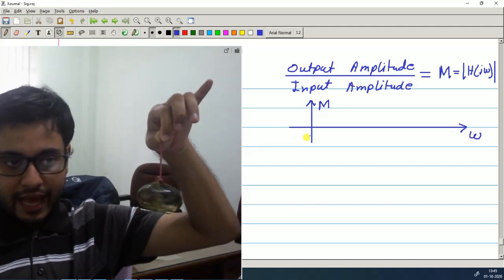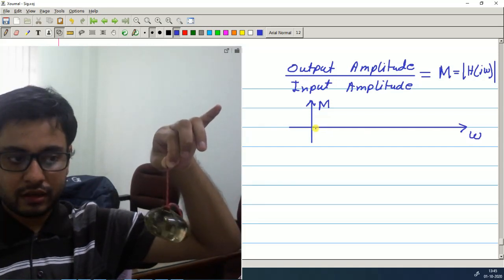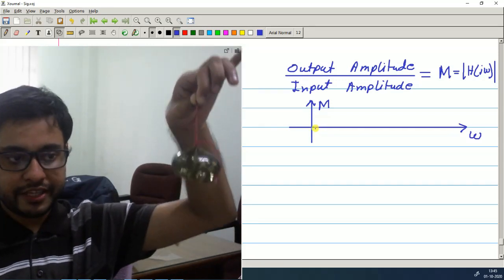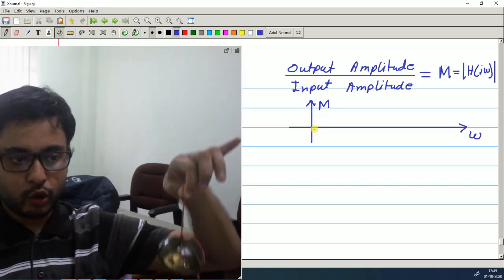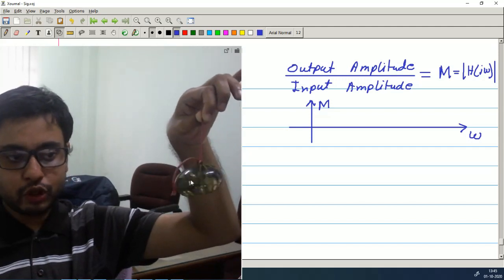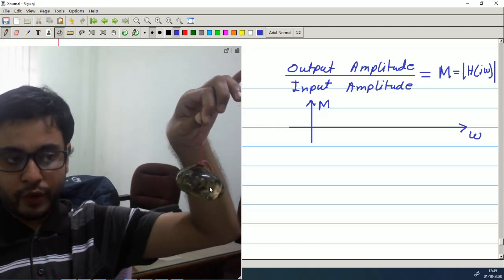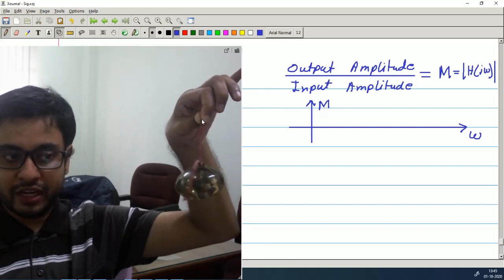So let me do this experiment. First, at very low frequency, let me do the experiment. Up, down, up, down. You see the amplitude of this weight is almost the same as the amplitude of my finger.